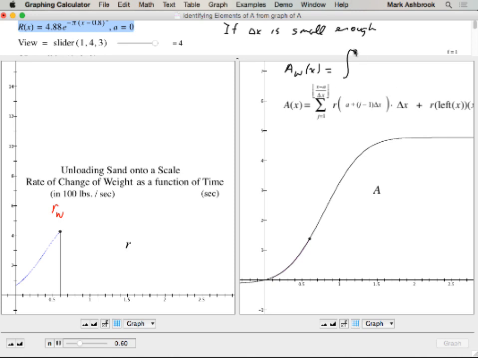This is German S, standing for S for sum, right? We're summing up. Now instead of having all these constant rates, we virtually have every single rate. But we're summing up what?